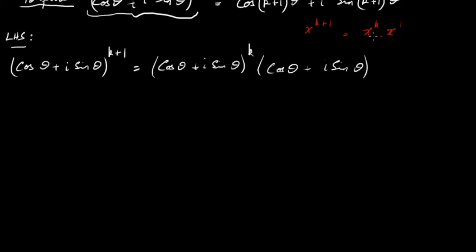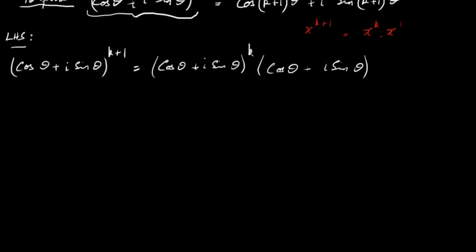You add the powers here. x^k times x^1 is just equal to x^(k+1). Same here: this to the power of k times this to the power of 1 is equal to this to the power of k plus 1, adding the powers.